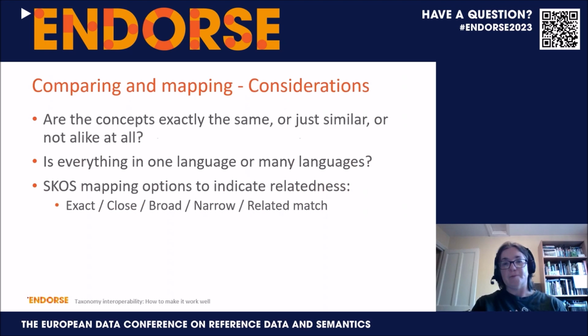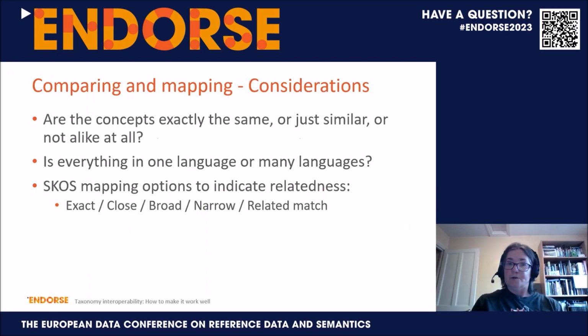The same word can have many meanings, two words can have the same meaning. It gets really complex. And it gets even worse when you're comparing different taxonomies, because did the developer of that taxonomy mean what you did for your taxonomy over here? So you really need to think critically about it. It's very rarely just a case of string matching. A computer can do that, but it doesn't necessarily mean it's correct.